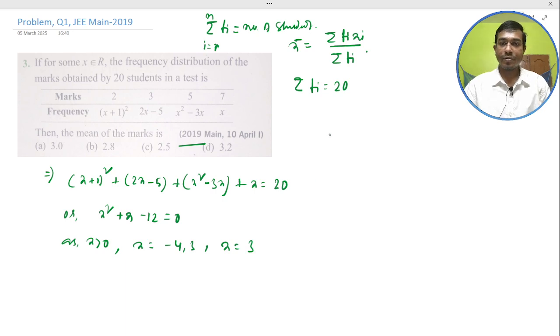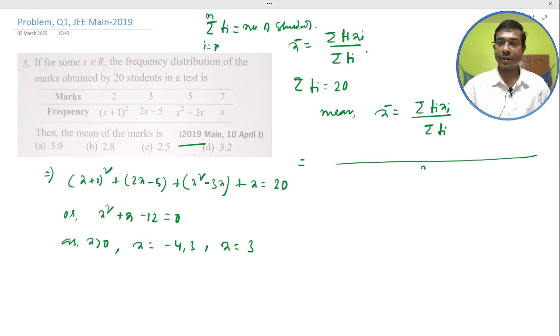Okay. Now the mean is nothing but x bar, sum of fi xi over sum of fi. Put this value. Sum of fi means 20. Fi xi means 2 into (x plus 1) whole square, 3 into (2x minus 5), plus 5 into (x square minus 3x), plus 7x.